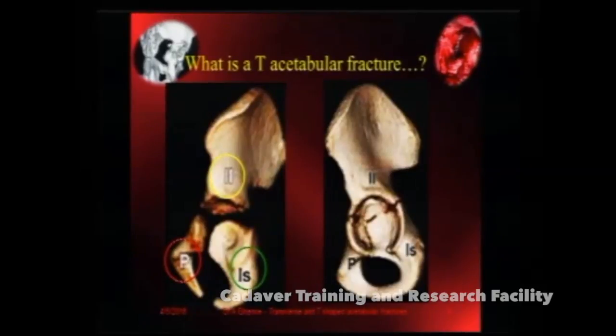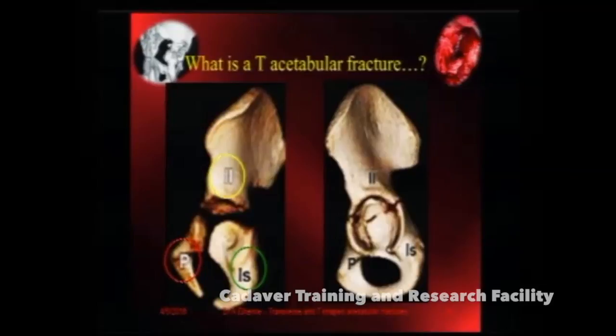It's extremely important. Why is it important? Anyone? Why is this difference important? Having a superior iliopubic fragment and an inferior ischiopubic fragment versus having three separate fragments with the dome as part of the iliac fragment. Why is it important to know this difference? Ischial fragment, it's a free fragment. These two fragments are free fragments.